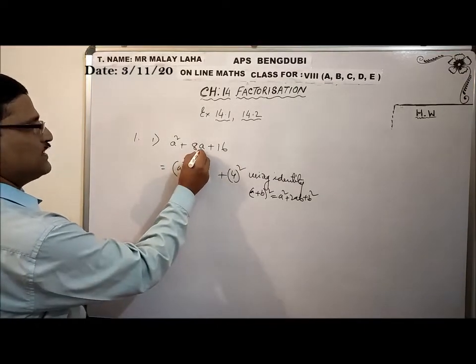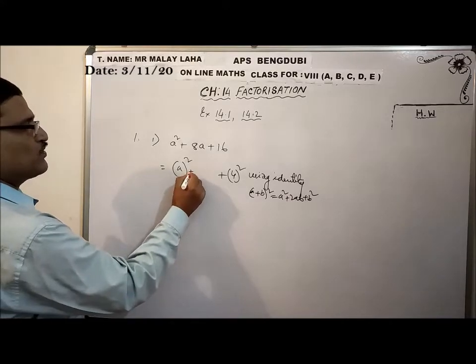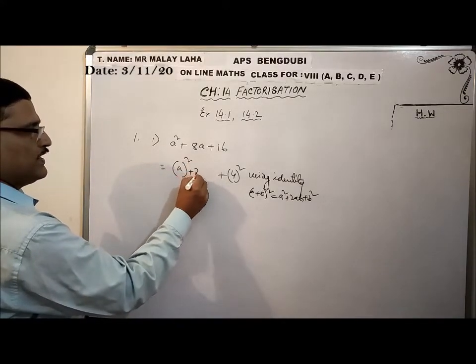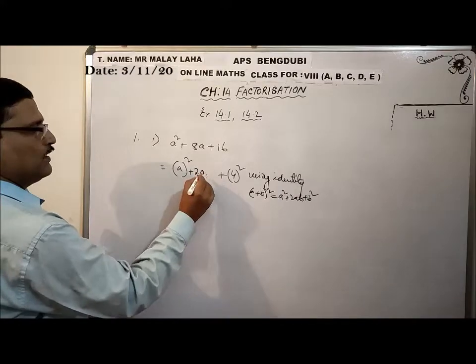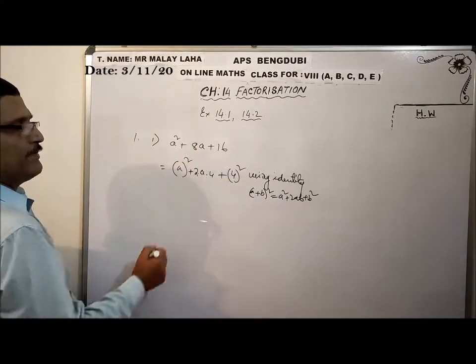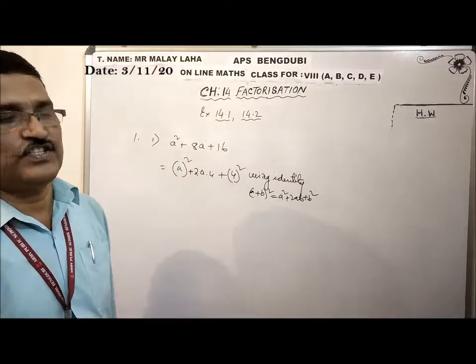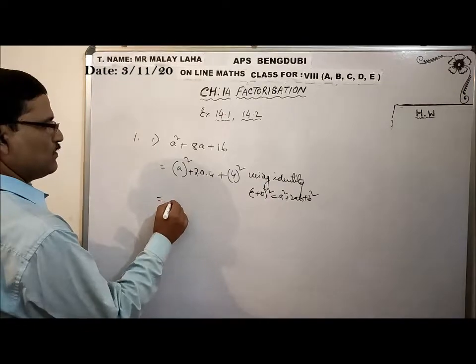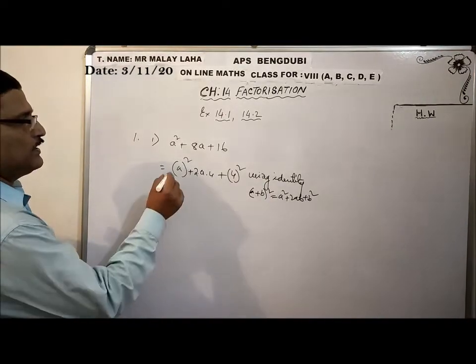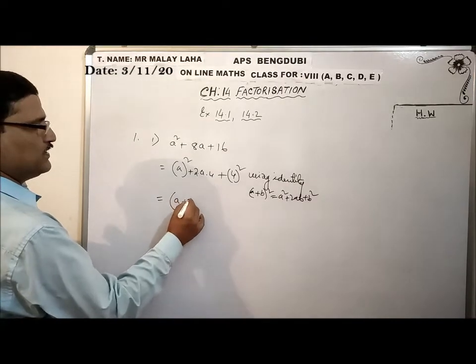And this 8x, how to write it down? It should be the product of 3: twice a, a means x, b means 4. 2 4s are 8x. And this dot in algebra means multiplication sign. So now it is the identity of a plus b whole square, where a is x and b is 4.